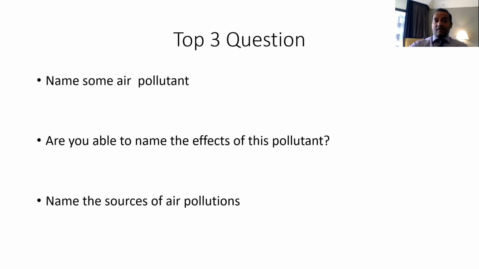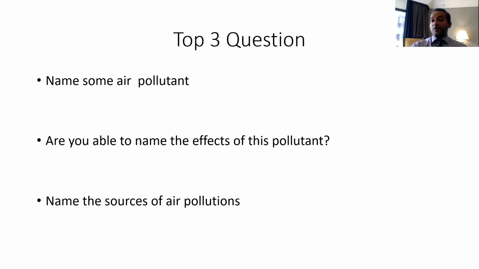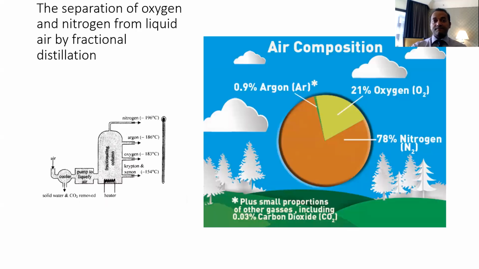Okay, let us move to our first focus, the composition of clean and dry air. Some of you by now are able to identify the main components of the air. Some of you are still learning, so let us learn together again.